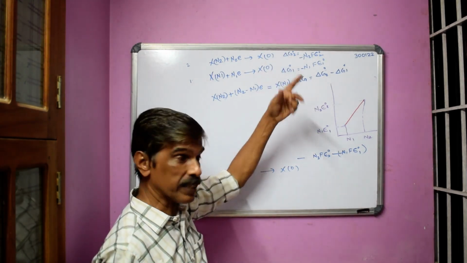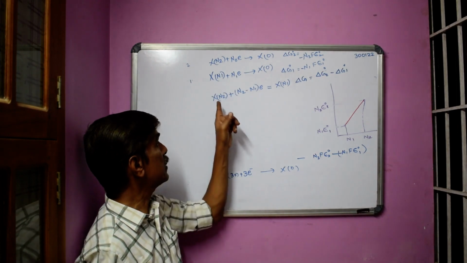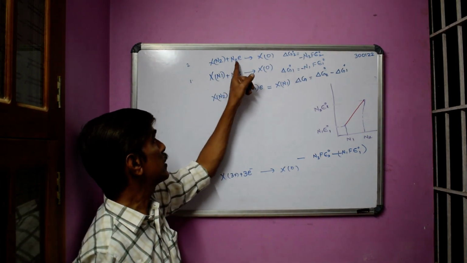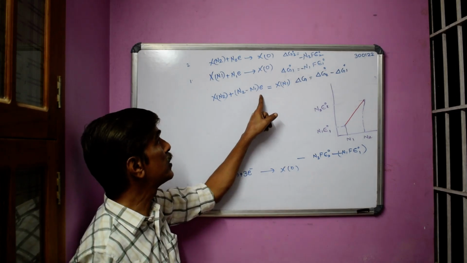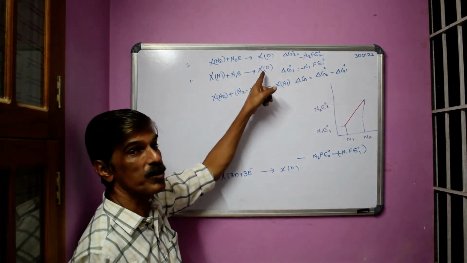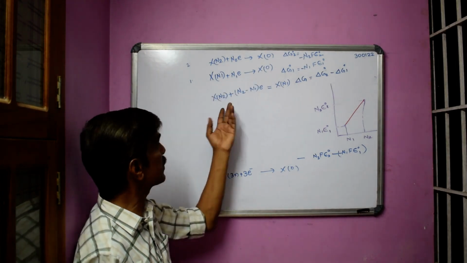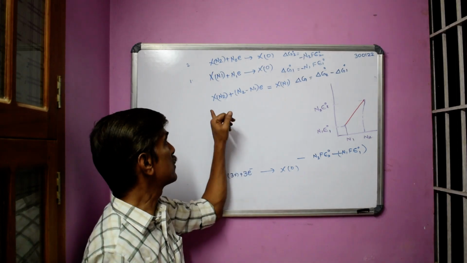And if you subtract equation number 1 from equation number 2, you will get x N2 plus N2 minus N1 electrons minus x N1 is equal to 0. So this is the equation.